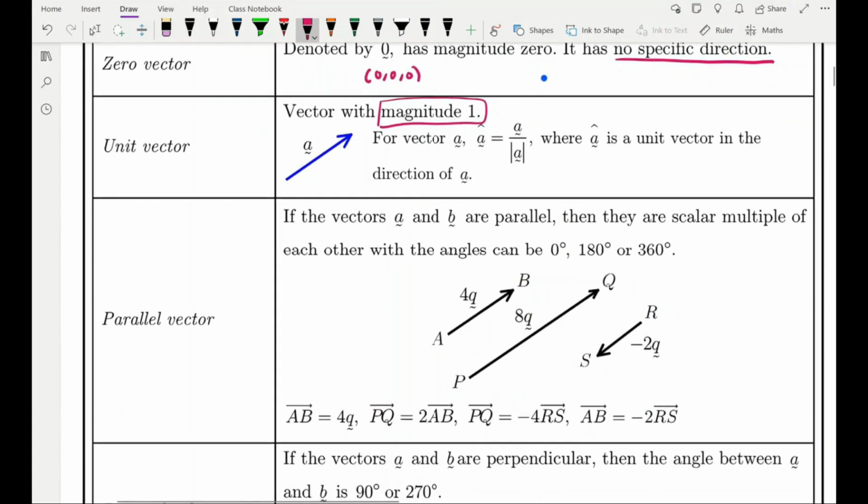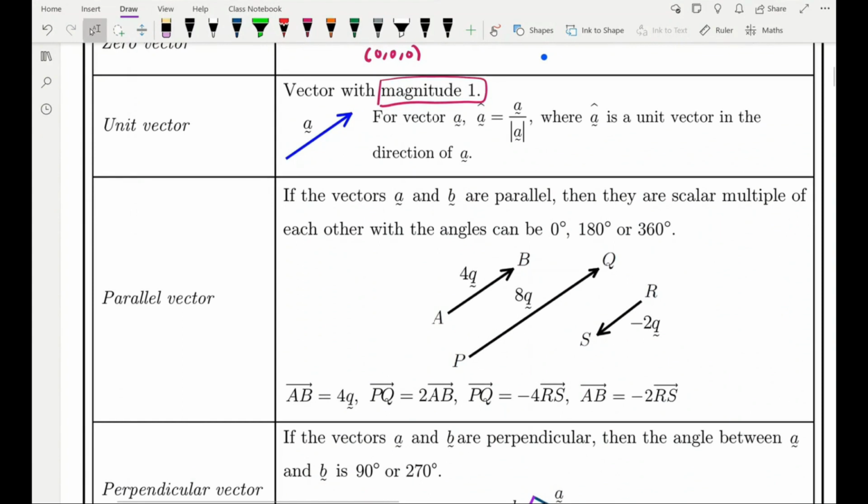And then we have parallel vectors. We call them parallel because of a condition: the angle must be 0, 180 or 360.